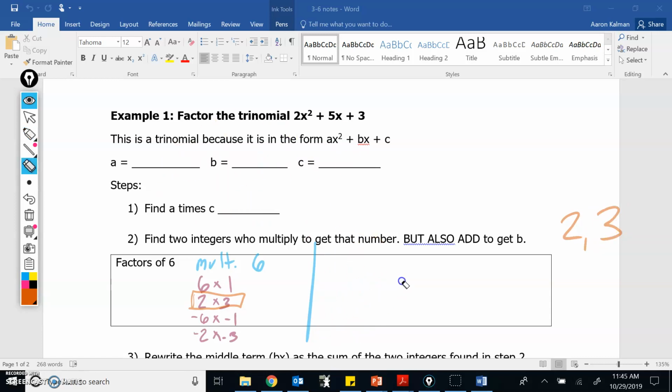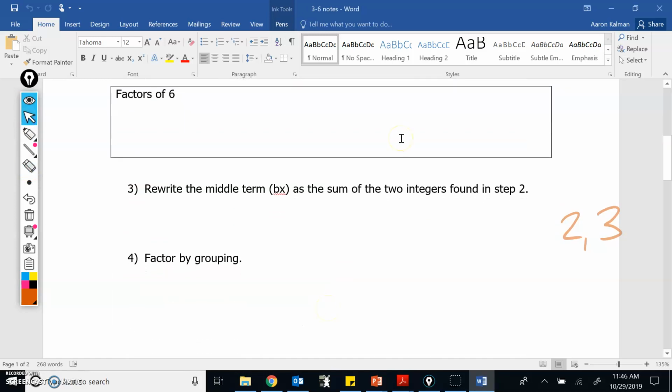Just like factoring trinomials, we're going to follow the next same couple steps, rewriting our b value. So our original trinomial, I'm going to write just right here, 2x squared plus 5x plus 3. That was the beginning problem, I'm pretty sure.